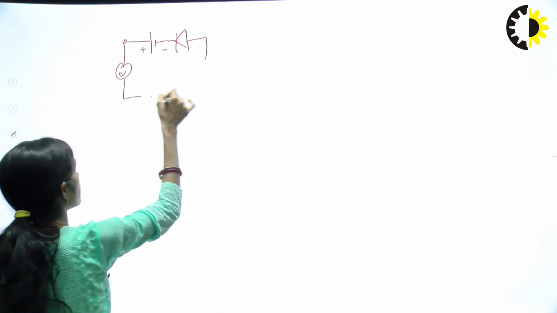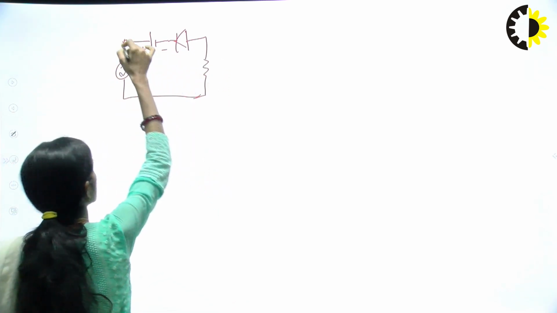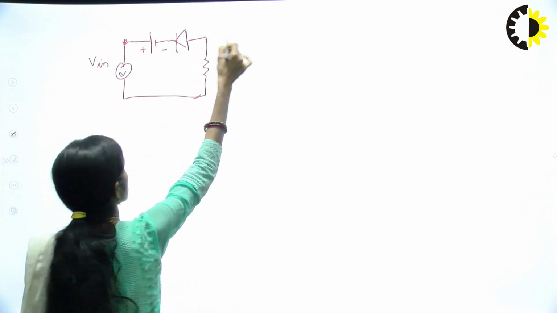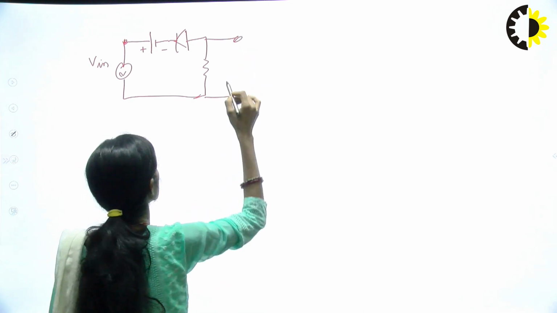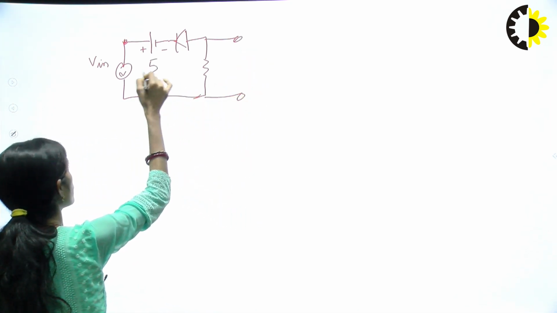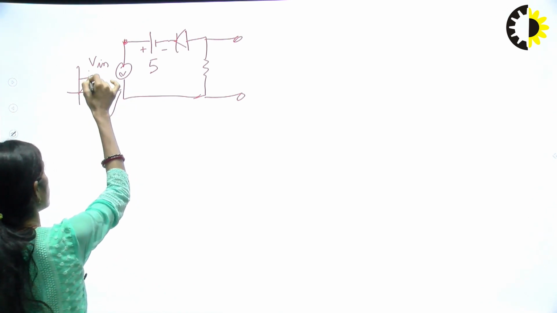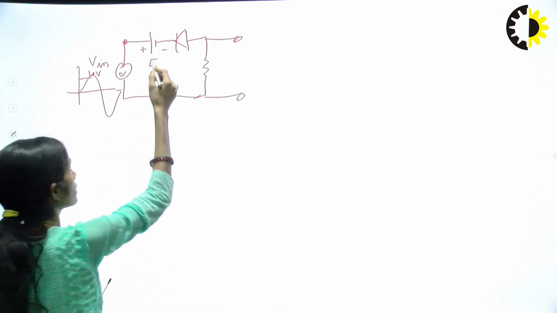In this, we have this input here, and the output obtained will be, let's say, 5 volt, and this is the peak voltage, that is 10 volt, and this is 5 volt.